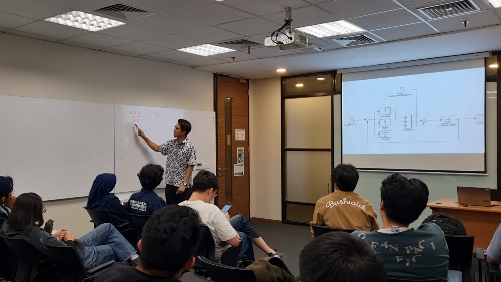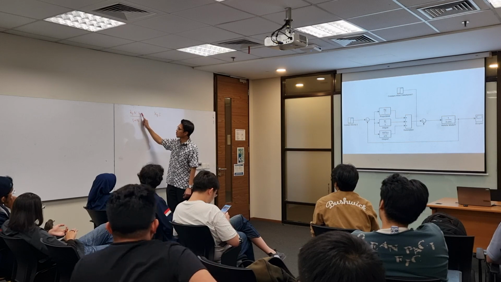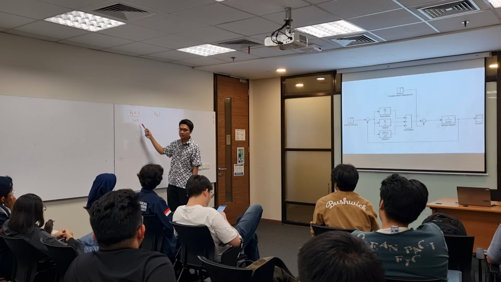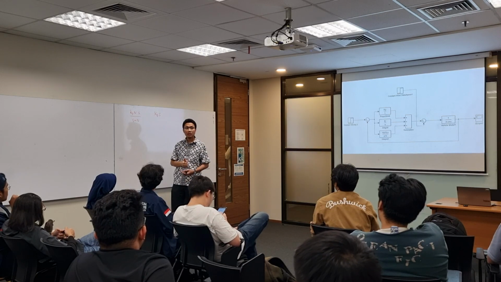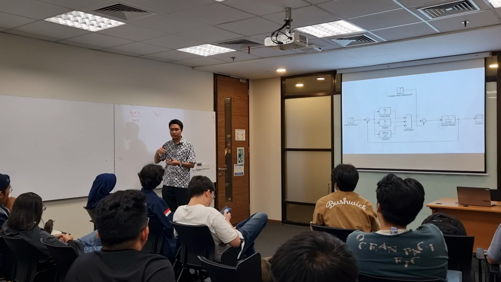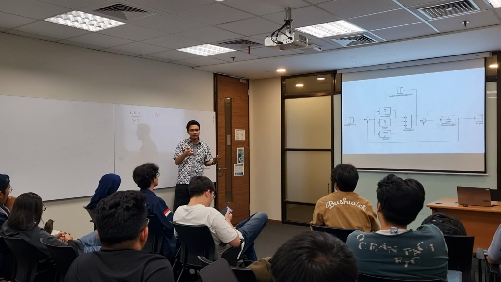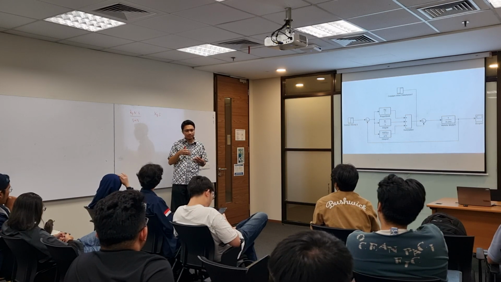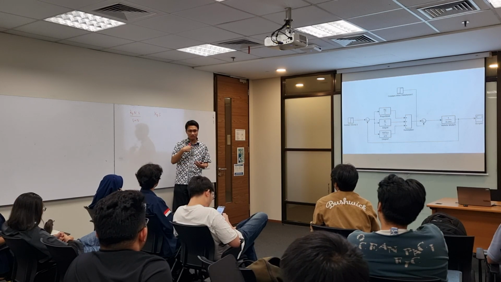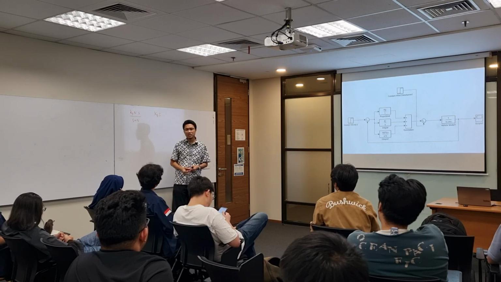So let us see if S is equal to 0, what happened with the KD. It's just KD, right? If S is 0, S means the frequency. If your system works with a constant error, the error is a constant, which is unlikely.